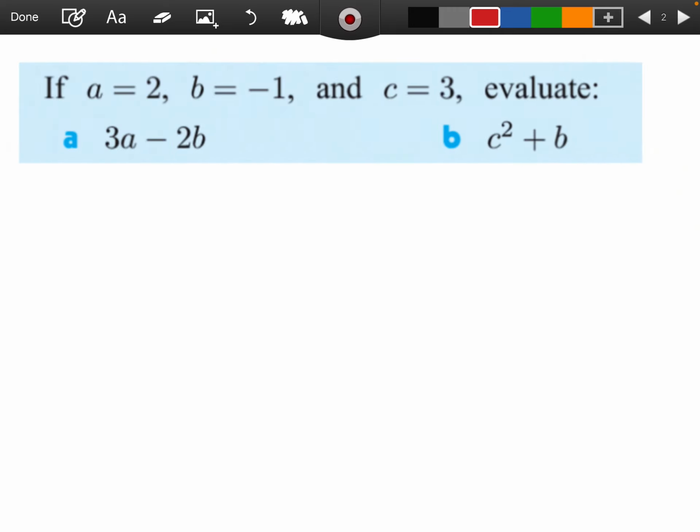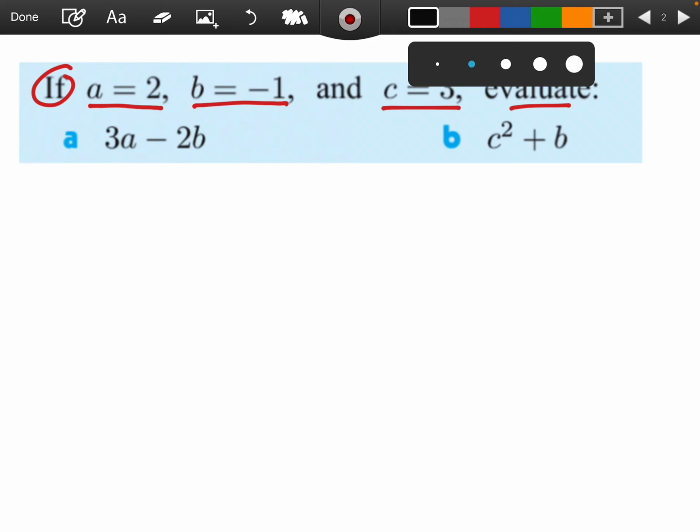So our first scenario, we are given some known values. A is equal to 2, B is equal to -1, and C is equal to 3. If that is the case, then we're asked to evaluate two different expressions. So the process for showing your work for this, the first line would be just to write down whatever the question was, which is written for us here.